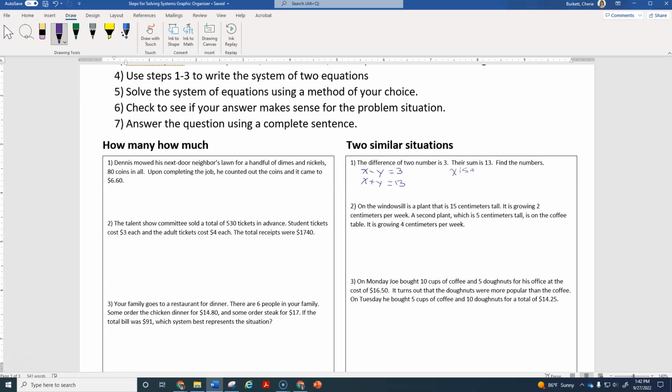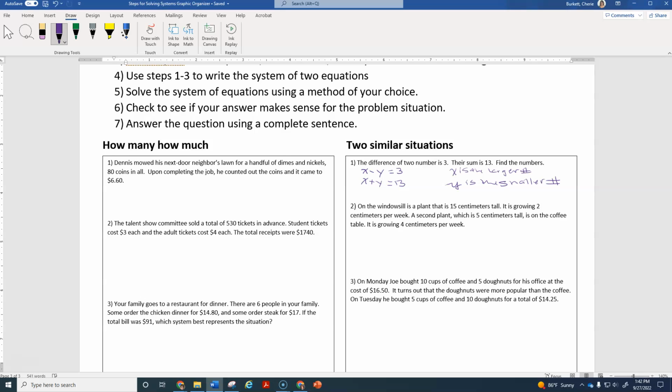X is the larger number, and Y is the smaller number. Okay, then I would solve that one by elimination. I'm not doing that in this video. We're just learning how to set them up.